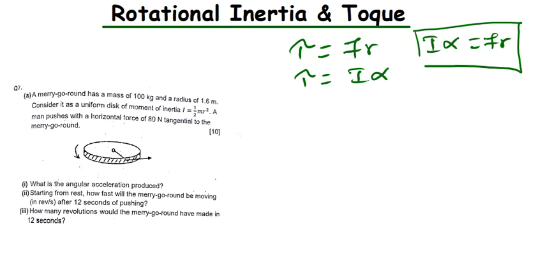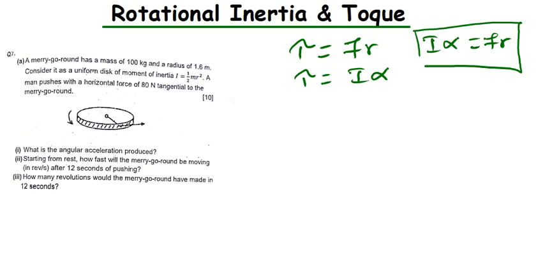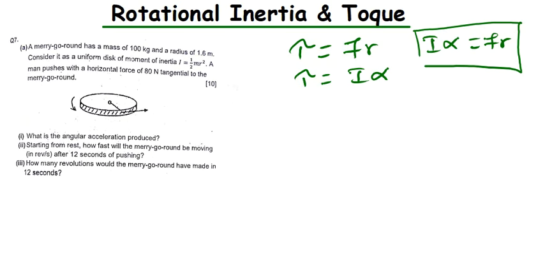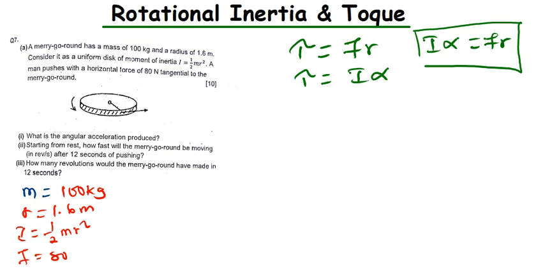From our data we can clearly see that we have the mass to be 100 kg, our radius is 1.6 meters, our inertia we have been told is half mr squared, and the force is 80 newtons.